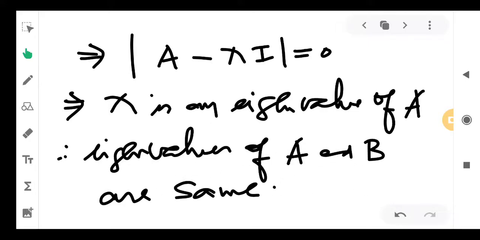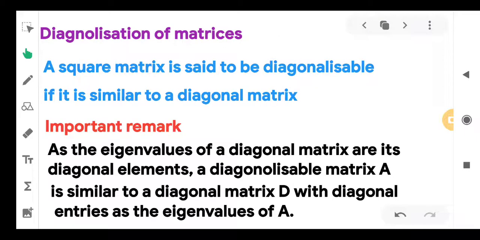So from this we will be getting the concept of diagonalization. What do we mean by diagonalizing a square matrix? A square matrix A is said to be diagonalizable if it is similar to a diagonal matrix. Now an important remark.